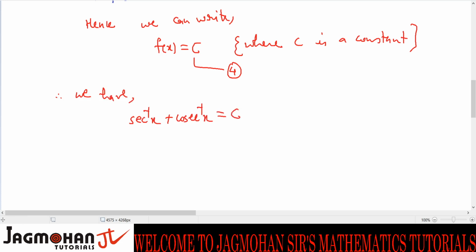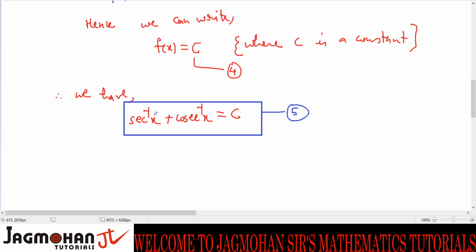And you know, students, this particular statement which I wrote here is true for all x. What I mean is, whatever value of x you substitute here, sec inverse x plus cosec inverse x will always be a constant.